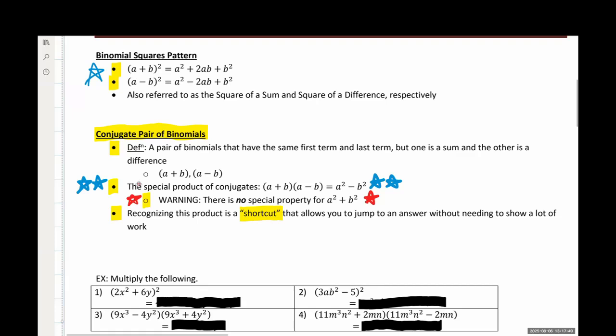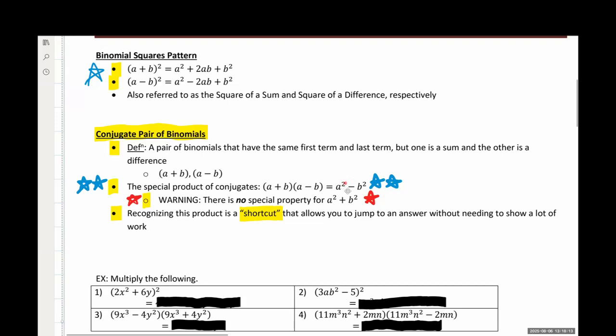Now, the really handy, awesome shortcut is this one right here. If I have a conjugate pair multiplying together, like I have here, I will always and forever get the answer of a squared, the very first thing squared, minus the second thing squared, b squared.